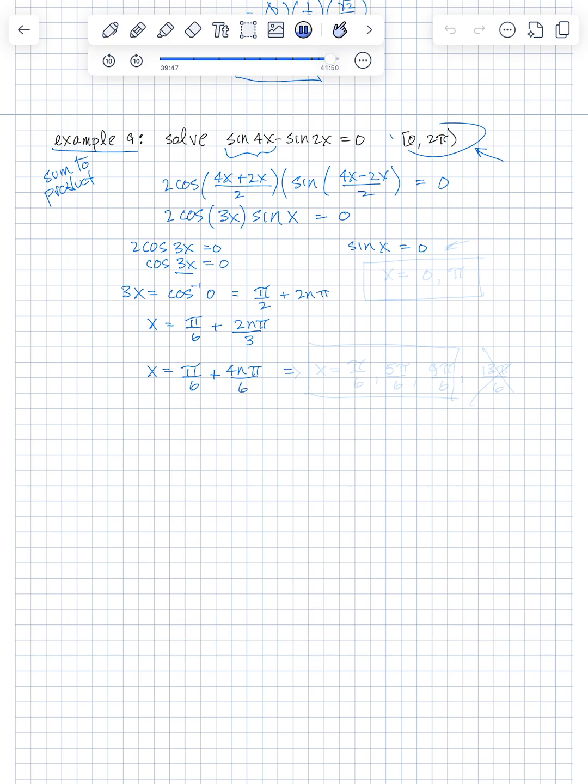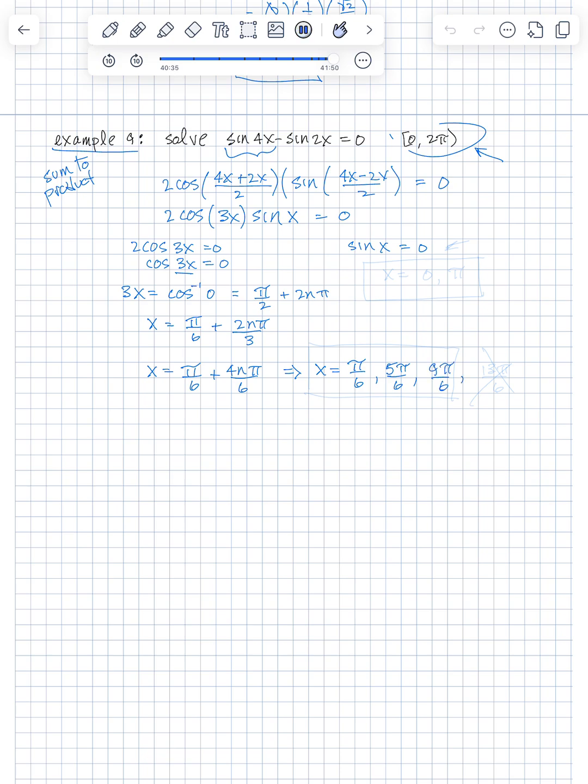So now we keep on finding solutions for this as long as they're in the interval 0 to 2 pi. So when n is 0, we have x equals pi over 6. Now when n is 1, we have pi over 6 plus 4 pi over 6, so that is 5 pi over 6, still in the interval. Now if n is 2, we have pi over 6 plus 8 pi over 6, so that's 9 pi over 6.